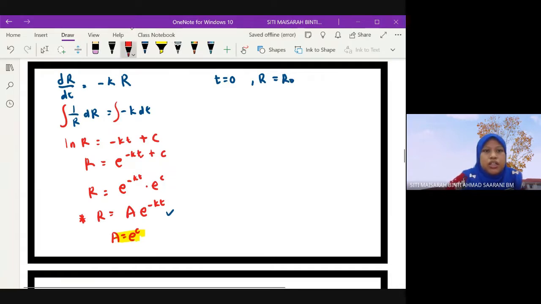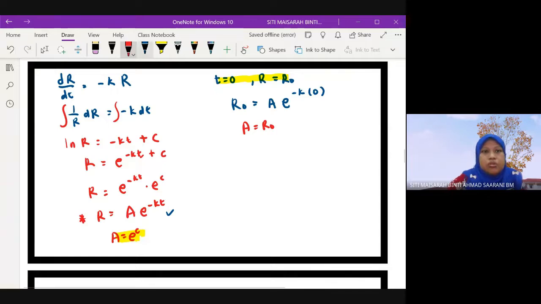So jadi kat sini kita gantikan r dengan r0, a nak cari, e negatif k pun nak cari, ganti dengan t kosong. So kat sini dia akan dapat e kuasa negatif kosong, which is e kuasa kosong lah ni, 1 lah. So jadi kat sini a adalah r0.